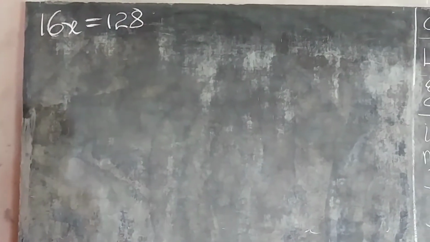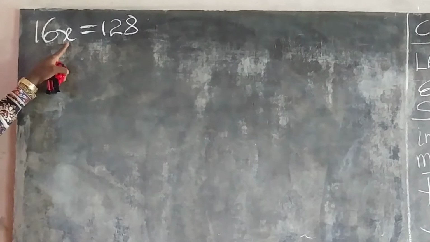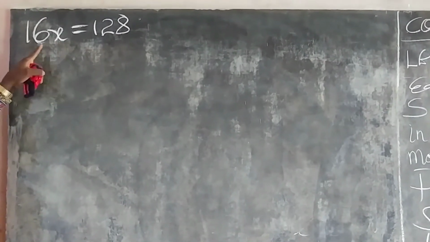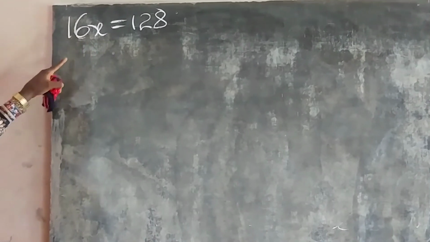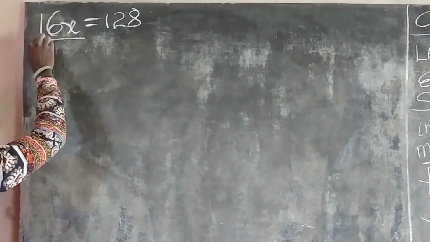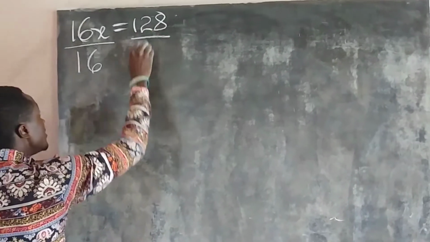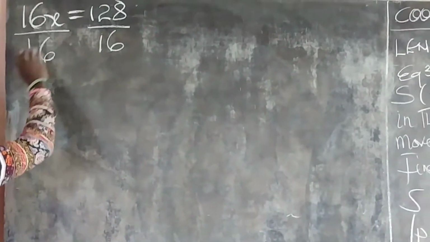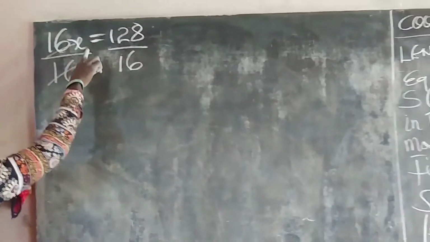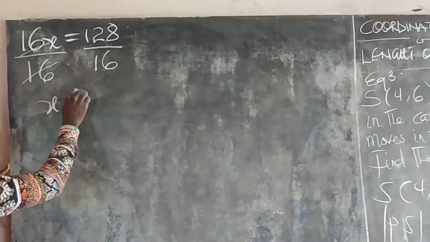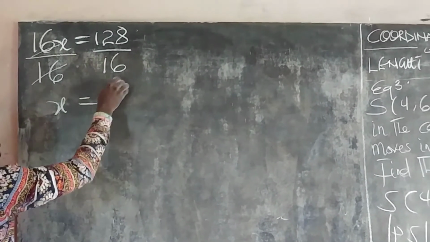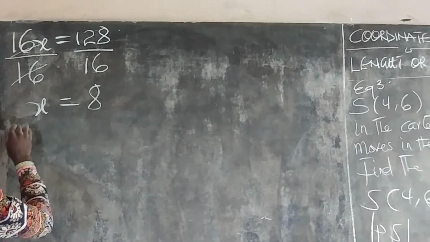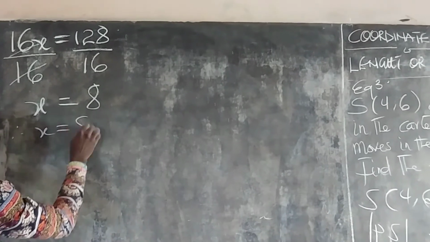Very good. We are solving for x, but there is a certain number which is the coefficient of x here. Let's divide through by 16. So here by 16, here by 16. So 16 goes into 16, 1 times x. This is equal to 16 goes into 128, 8 times. So we have our x is equal to 8.